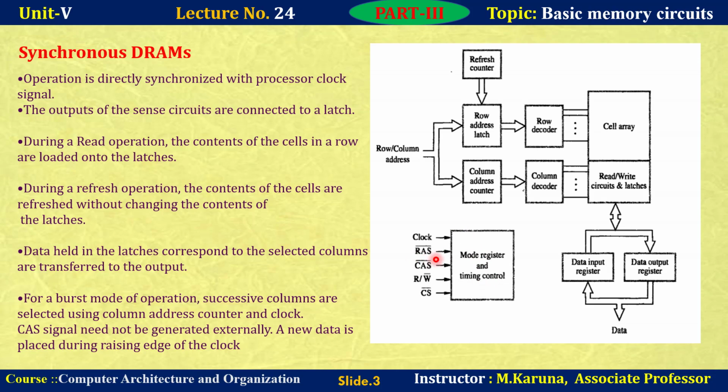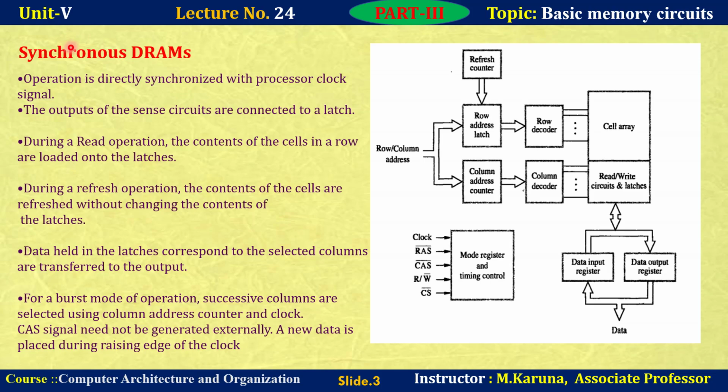Here are RAS, the row address strobe, and CAS, the column address strobe. These two signals are used to activate the row address latch and column address latch. Whether a read or write operation is performed is based on the read or write signal issued by the processor. So RAS, CAS, CS bar, these are all active low signals.